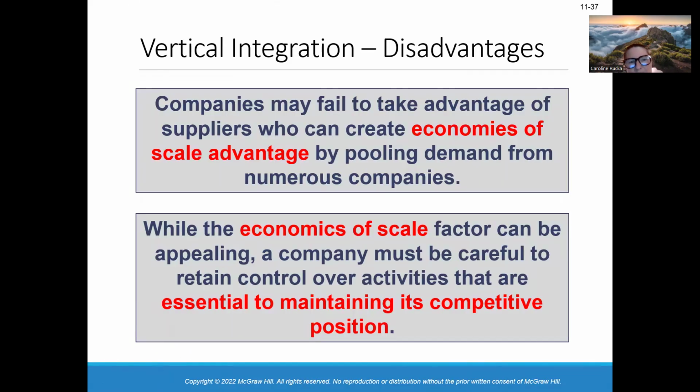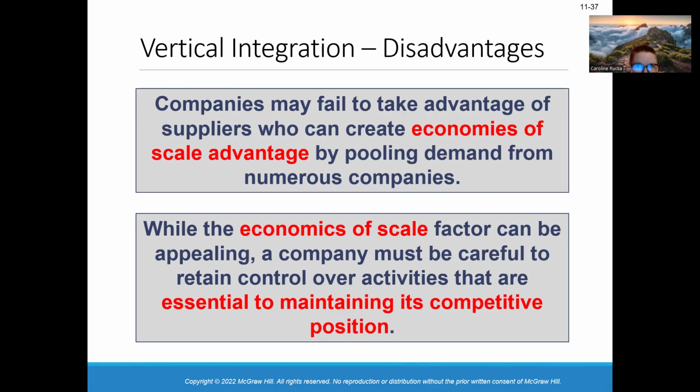The downside is you don't get to take advantage of economies of scale. A company that specializes in making nothing but widgets can get discounts on buying raw materials in bulk and supplying multiple stores with their products.